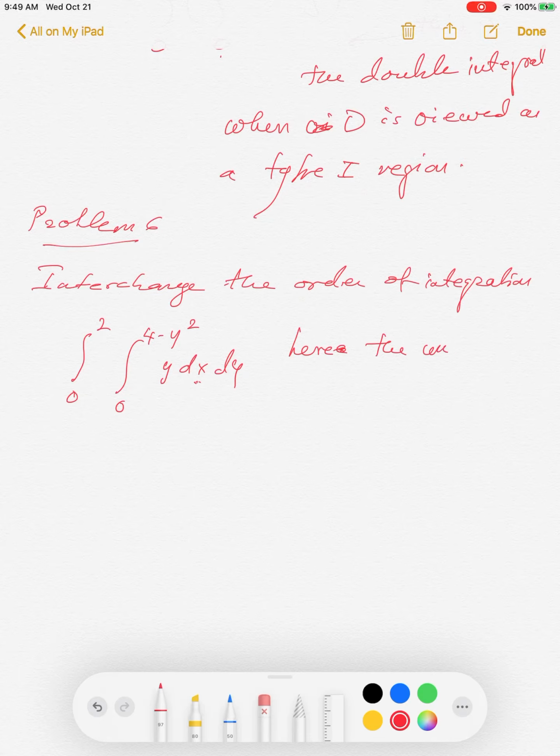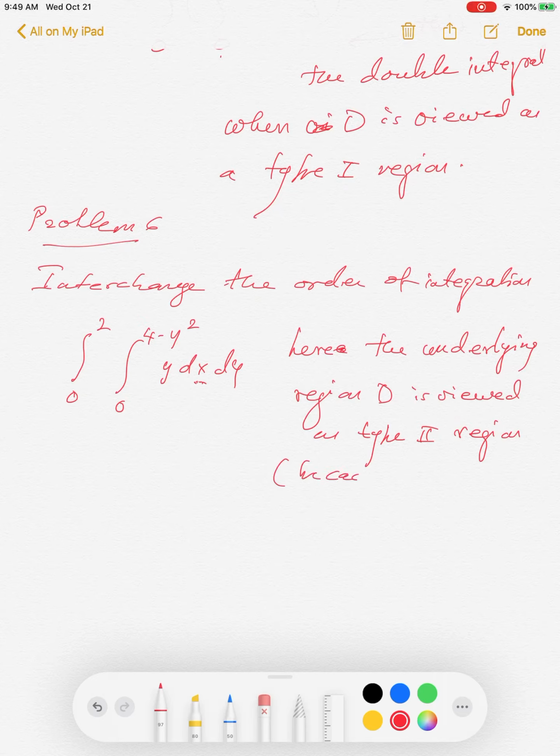So here the underlying region D, on which you are writing this as a double integral, is viewed as type 2 region. Why? Because the integration with respect to x is done first.